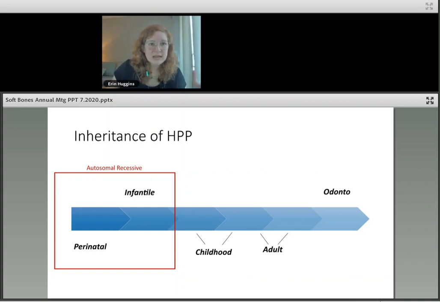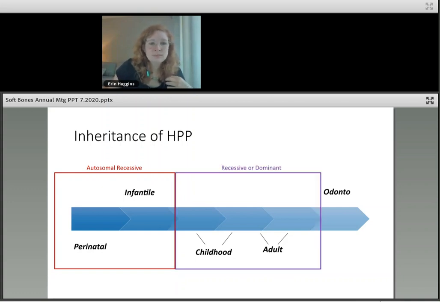And if you think about it from a genetic standpoint, that makes a lot of sense because it's a lot more common to have just one mutation than to have 2 people who are both carriers, who then go on to have a child, and then that child happens to have both of these mutations. So it's a lot less common in that regard. But these are typically autosomal recessive conditions.